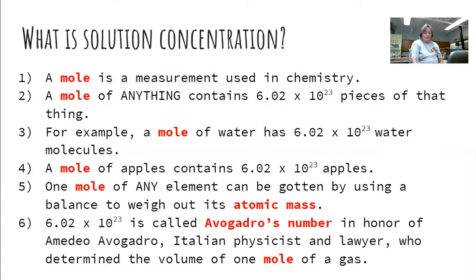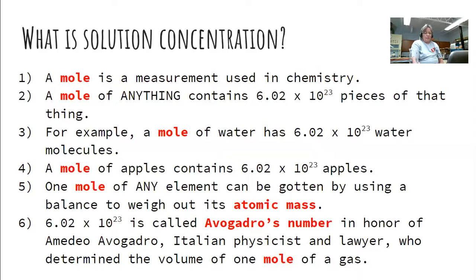That's scientific notation. So 10 to the 23rd just means I move the decimal to the right 23 places. If I have 6.02 times 10 to the 23rd ping pong balls or balloons or bowling balls or marbles or anything, then I can say I have a mole of those.